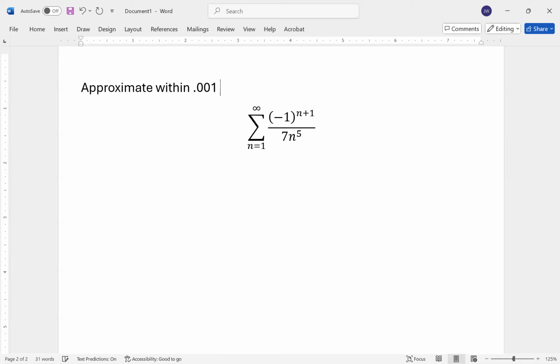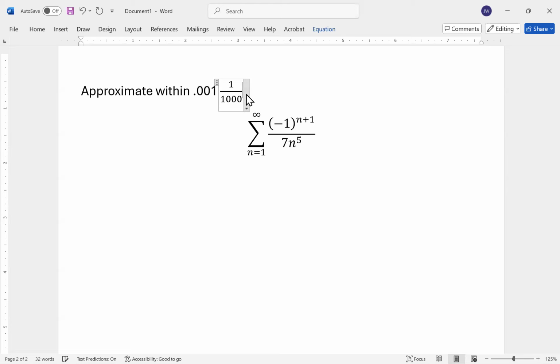By the way, 0.001 as a fraction is 1/1000. So I have that in the back of my mind because as I write out the terms in this infinite series, I'll probably write them as fractions, as I normally do.